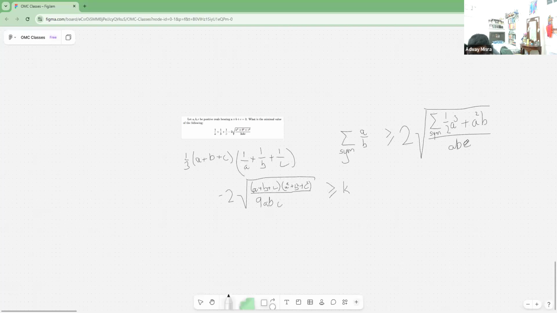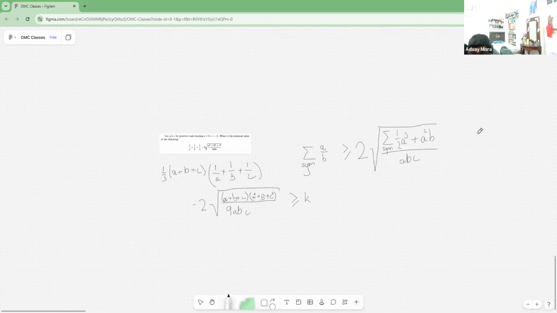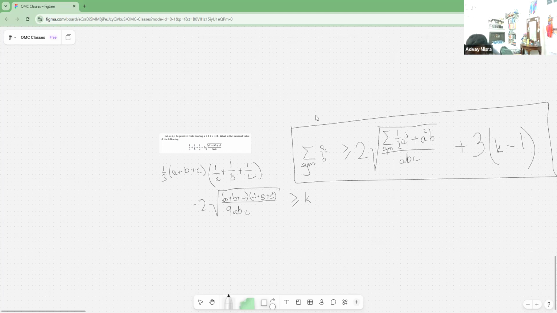Then rearranging everything, this is what the inequality is. Okay. Does everybody agree with this so far? If we are claiming k to be the minimal value, then it's enough to show this.